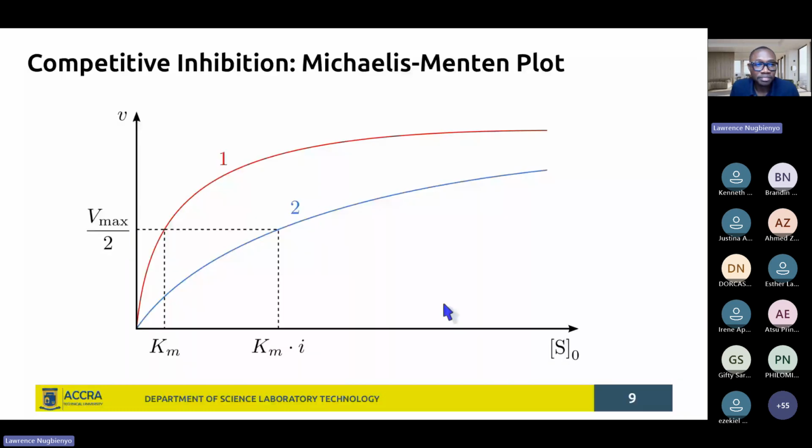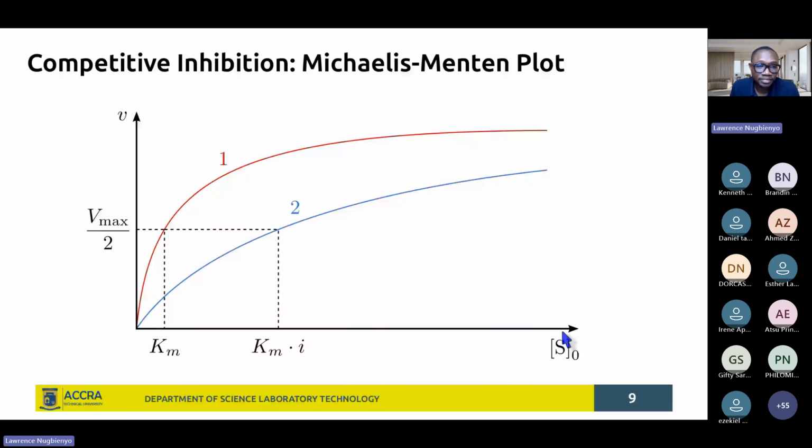Now, competitive inhibition can be represented by the Michaelis-Menten plot, such that if you take these charts that we are looking at, it's just like the chart we looked at much earlier, where we are seeing the rate of reaction on the vertical axis against substrate concentration on the horizontal axis.